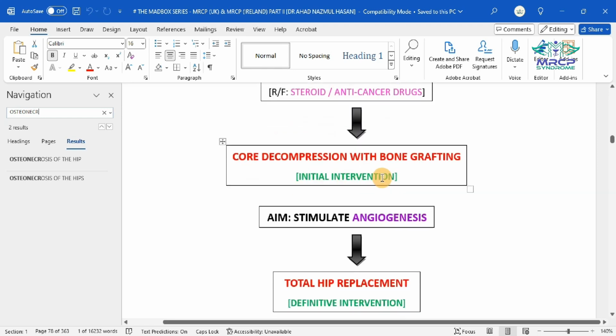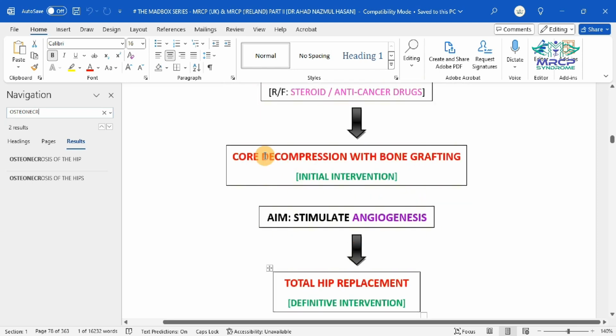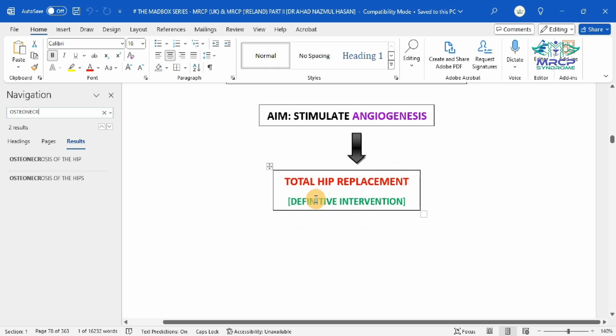And the initial intervention would be core decompression with bone grafting. The ultimate aim would be to stimulate angiogenesis. And for the definitive management, if this core decompression with bone grafting fails, then for the definitive intervention, especially in the elderly patient, we'll be going for total hip replacement.